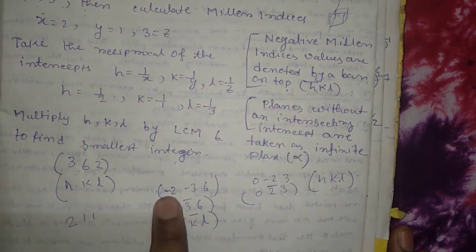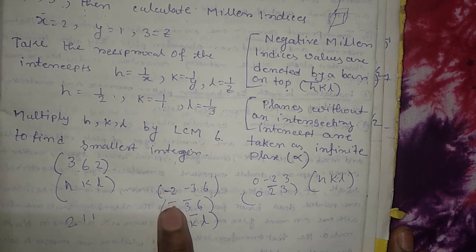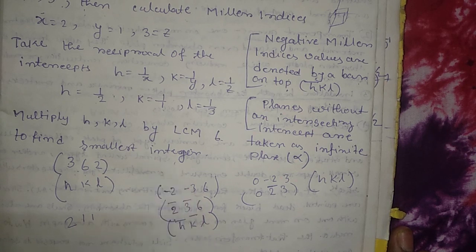So -2 is negative and -3 is also negative, that's why there is a bar on top of 2 and of 3. Similarly, h has a bar on top, and k has a bar.